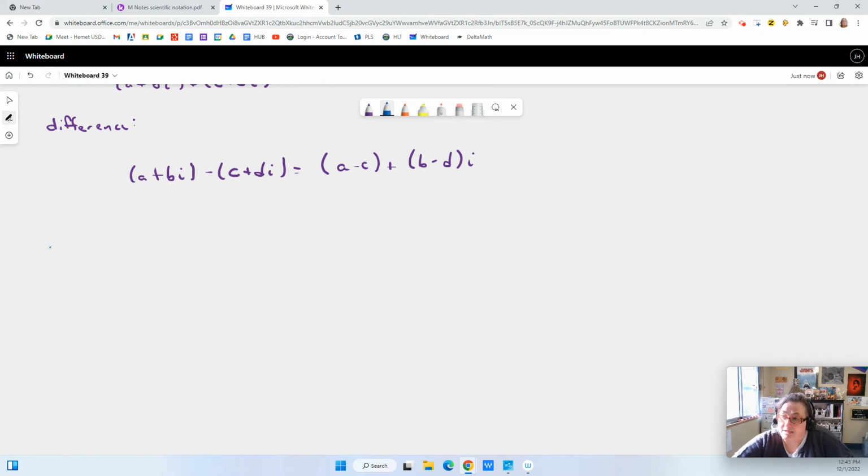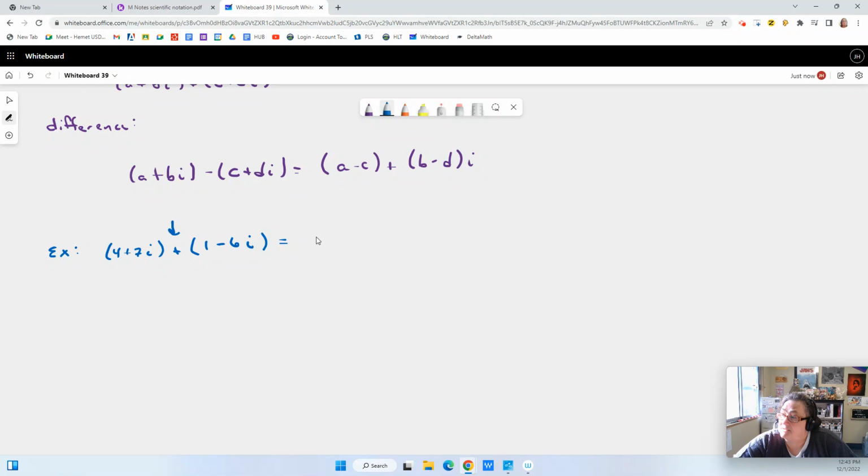So if I have, for example, 4 plus 7i plus 1 minus 6i, when I rewrite this, really, the parentheses don't mean anything because in between the two of them, it's plus, right?